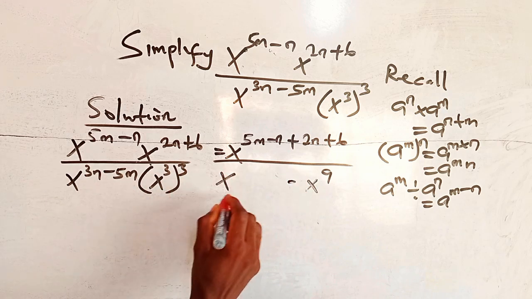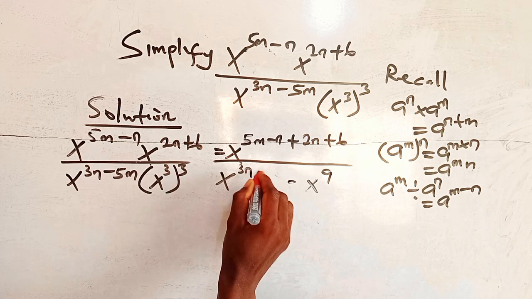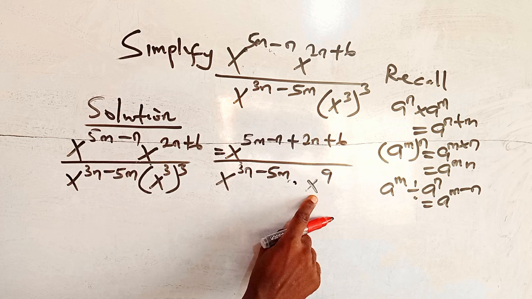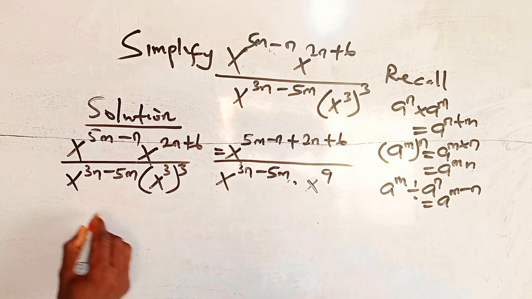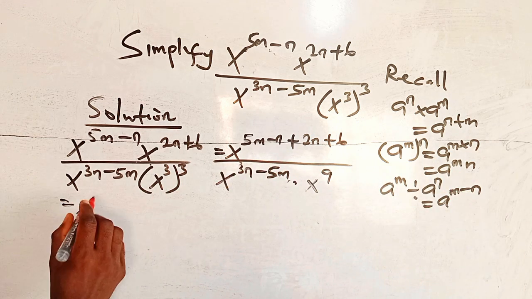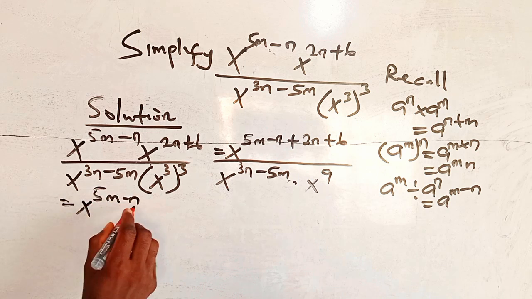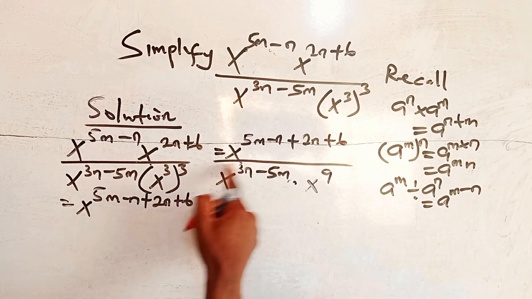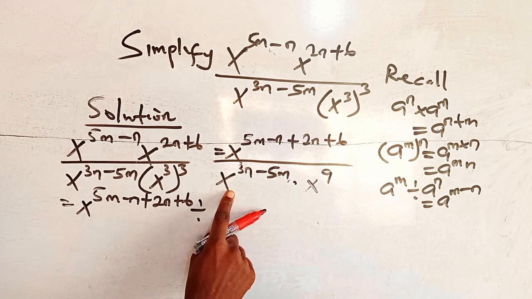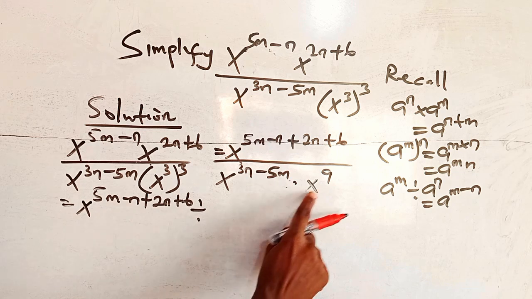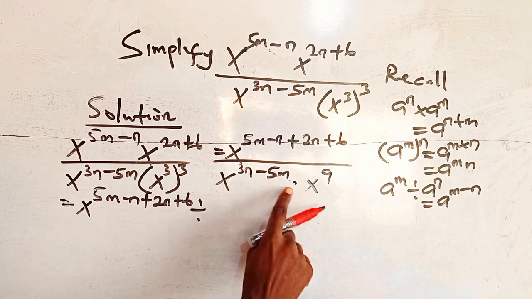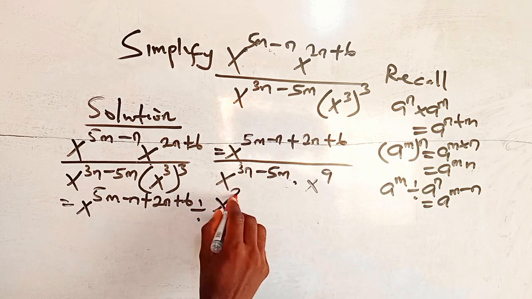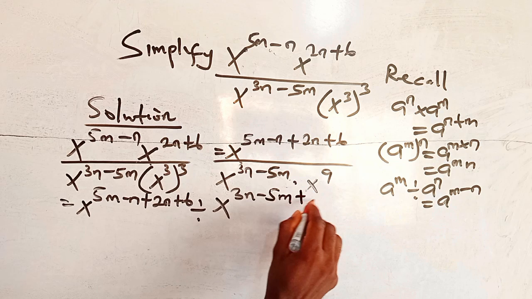From here we have x to the power 3n minus 5n, times x to the power 9 when we apply the exponent law. So we have x to the power 5n minus n plus 2n plus 6 at the numerator, divided by x to the power 3n minus 5n times x to the power 9. This is equal base multiplication, so we apply the law and have x raised to the power 3n minus 5n plus 9.